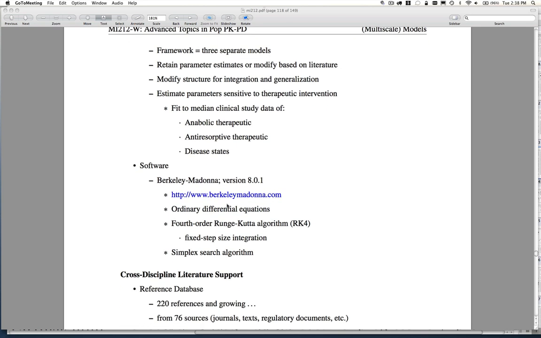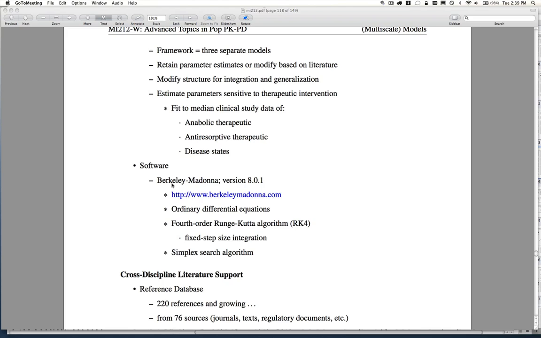Now, I mentioned before that NONMEM isn't necessarily the best modeling software for doing these types of models. One fairly easy to use piece of software that we'd come across when we first started this was Berkeley Madonna.